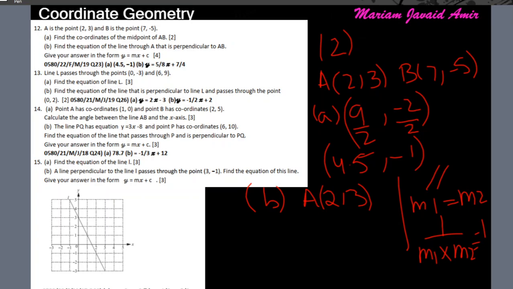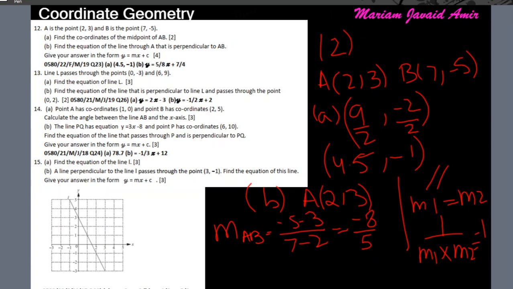So there's a line that passes through 2, 3, and it is perpendicular to the line AB. So first I'll find slope of line AB, that will be y2 minus y1 over x2 minus x1. So this gives me minus 8 over 5, right?